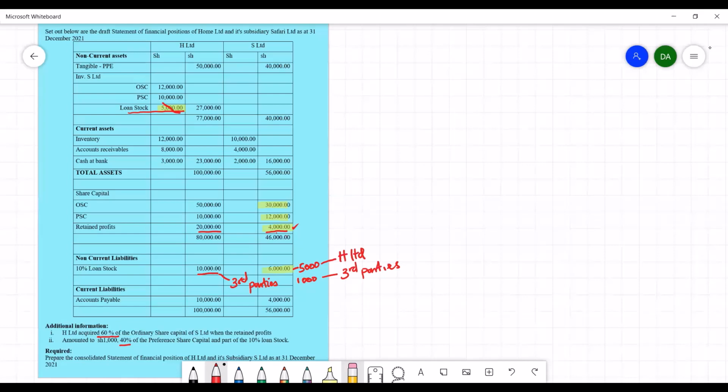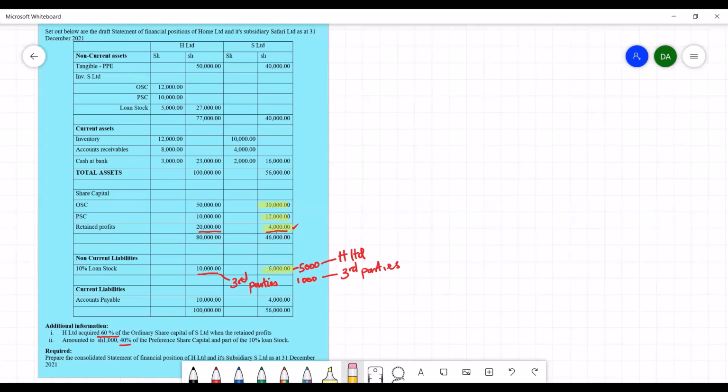Only loan that is owed to the third parties should be shown in the balance sheet or in the statement of financial position. Otherwise, loan that is owed to others within the group, loan that is owed to the parent company or is owed to the subsidiary should be cancelled out.